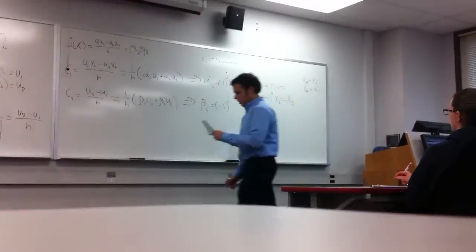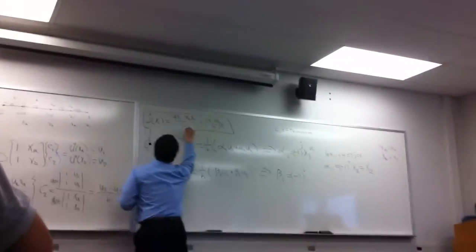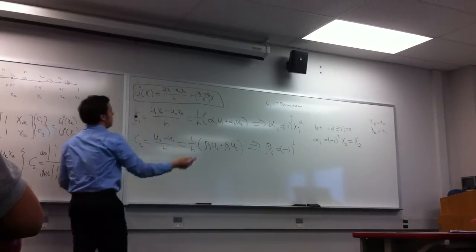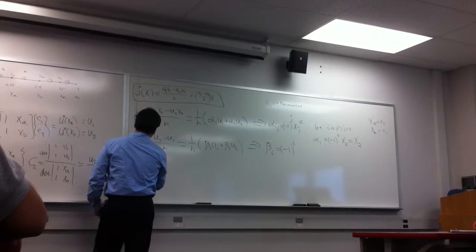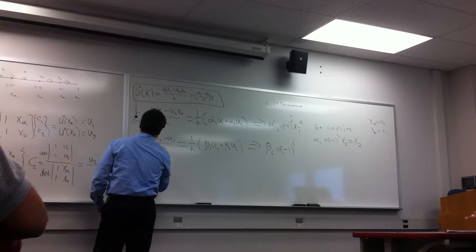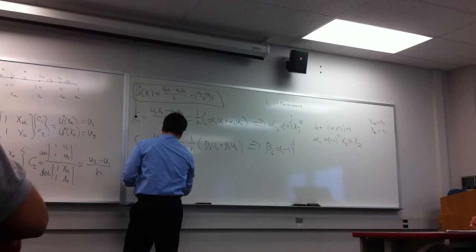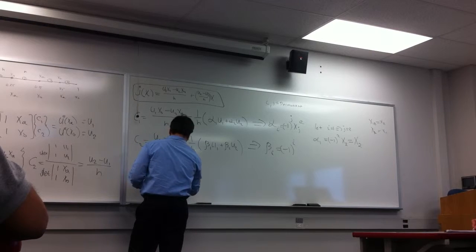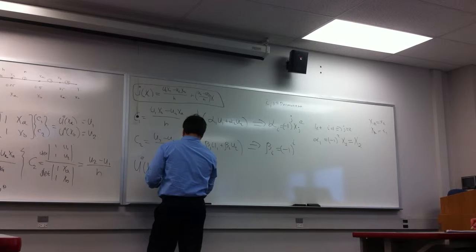Now let's take this, and yet again, let's rewrite it using our alphas and betas. So u of x in terms of alphas and betas at any element is now 1 over h times alpha 1.